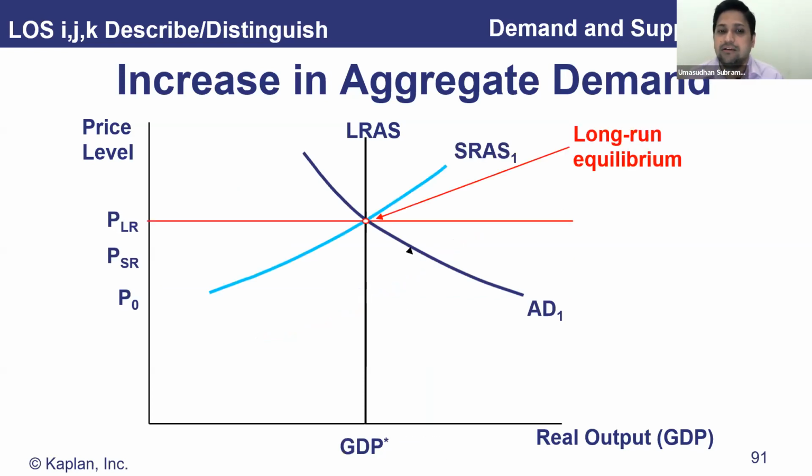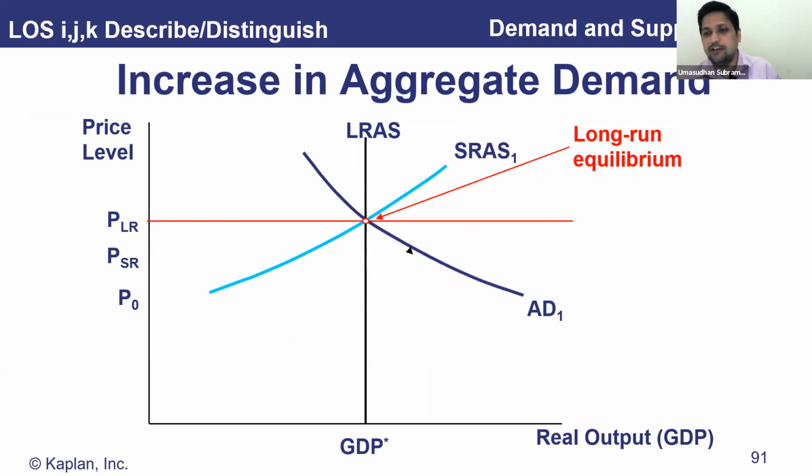Then you are back at long-run aggregate supply, but now your prices are significantly higher.